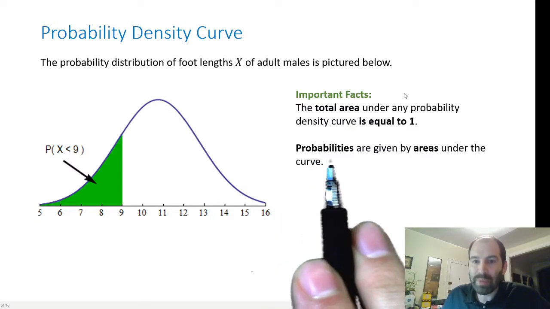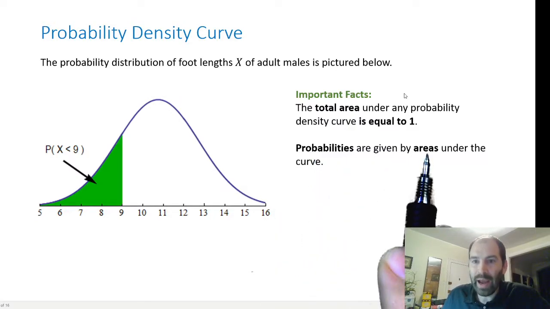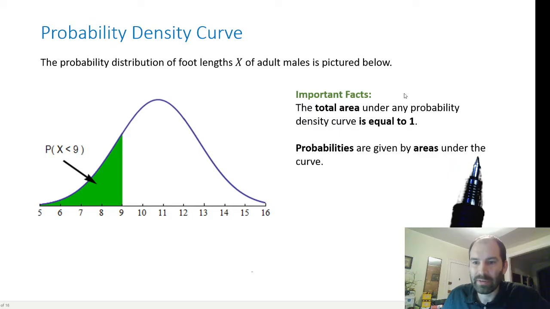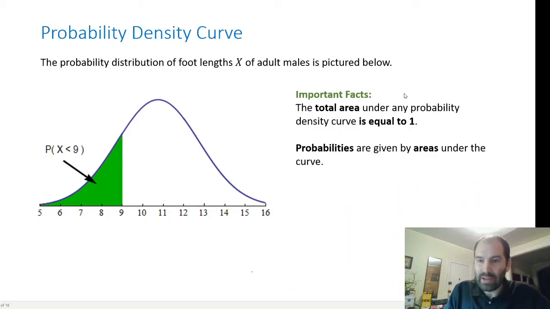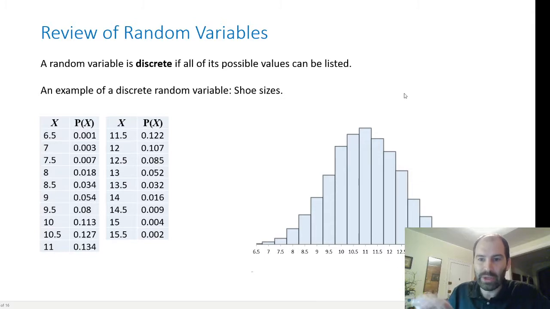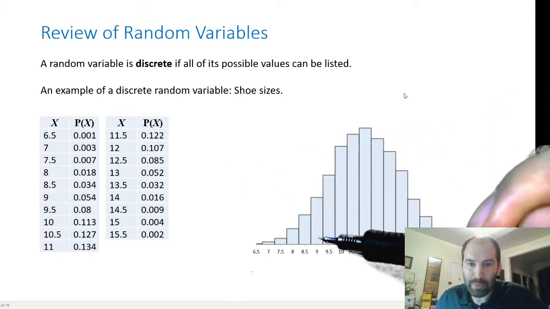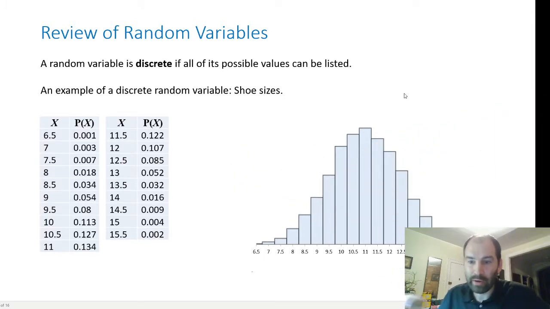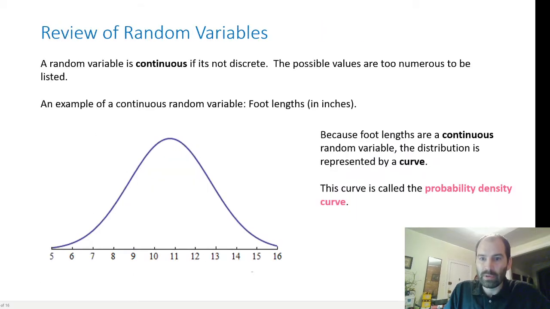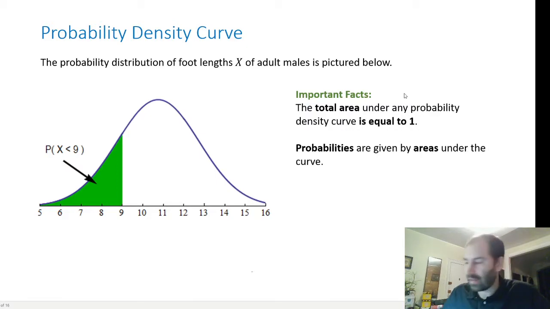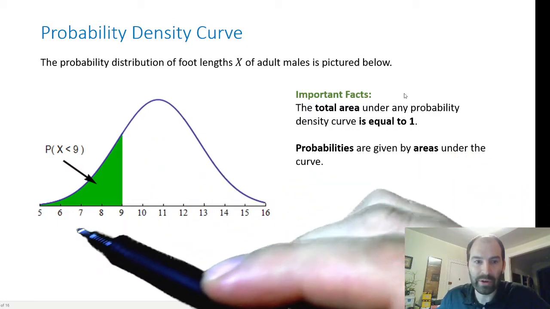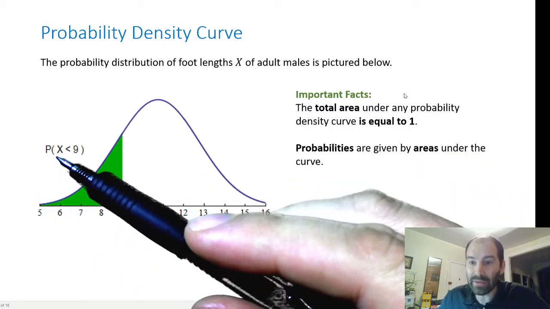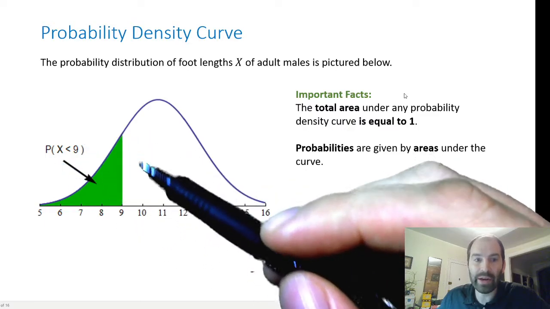And the probabilities are given by areas under the curve. So instead of, in the discrete case, where to find the probability we looked at the height of the bar, what we're doing now is looking at the area under the curve. Not the height of the curve, the area under the curve.